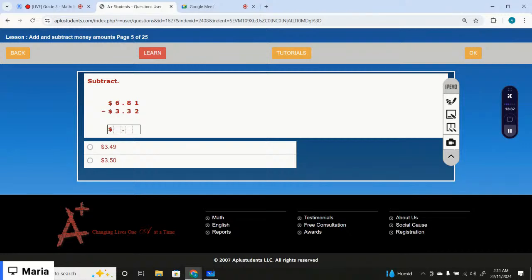The correct option is option number 1, that is 3.49.